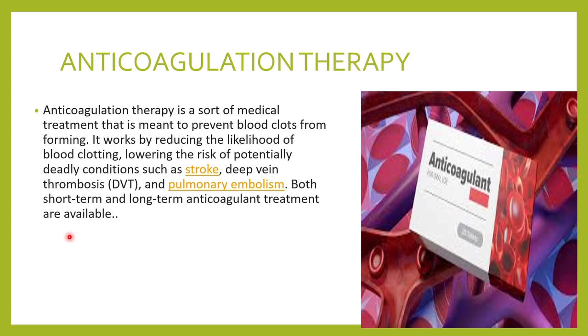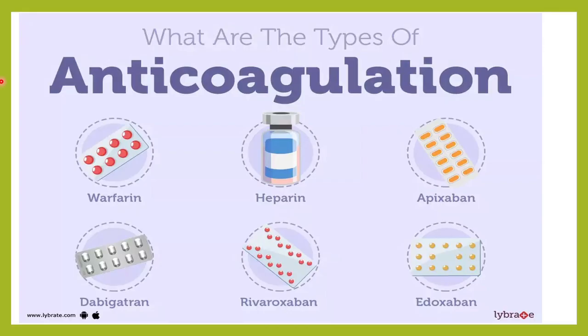These are called anticoagulants. That is, those which prevent coagulation, against coagulation. So, the anticoagulation therapy. This anticoagulation can be for a short term or it can also be for a long term. So the most common anticoagulants are your warfarin, your heparin, apixaban, dabigatran, etc.